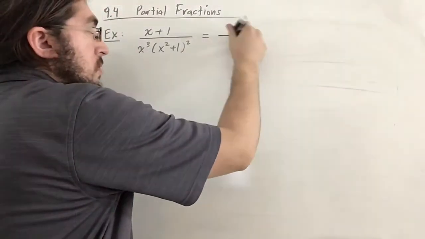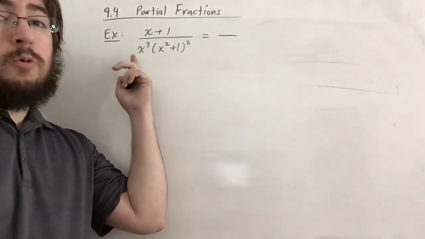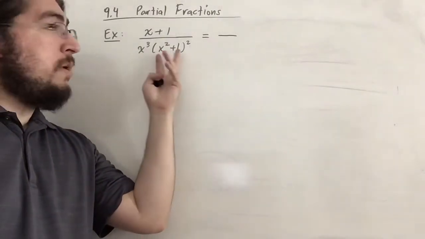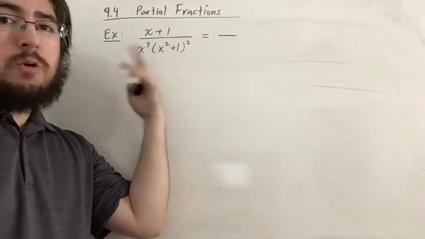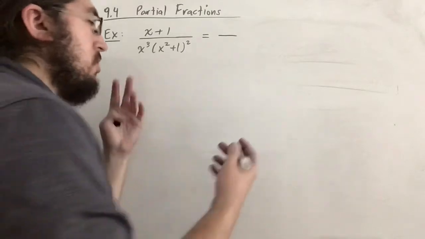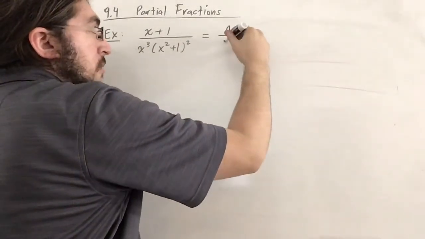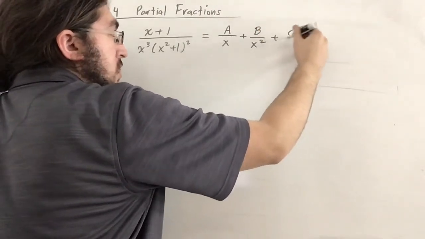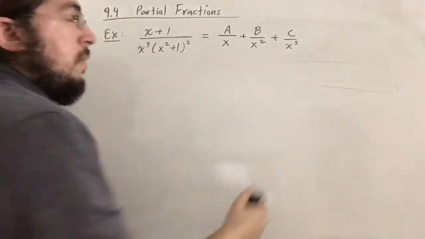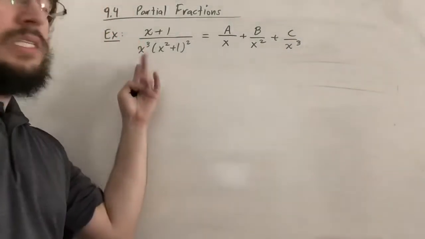So first off, I'm going to notice this is already completely factored. We have a repeated factor here, and a repeated factor here. And this one that's repeated is actually an irreducible quadratic. So for x cubed, I'm going to write a over x plus b over x squared plus c over x cubed, because it goes all the way up to the largest power present in that repeated factor, which in this case is 3.